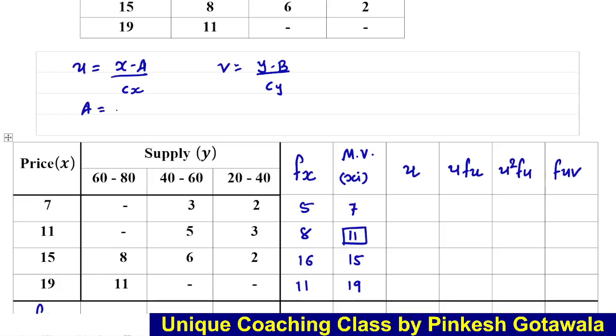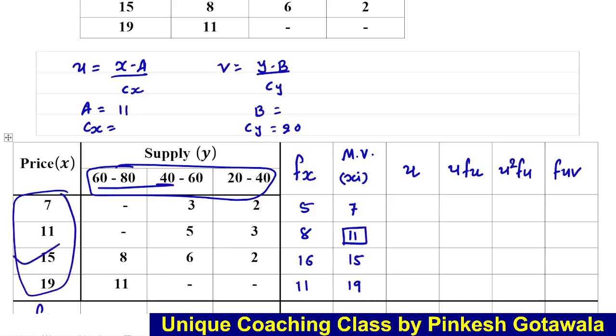Now here a is 11. Now the question is what is the value of cx? Because if we talk about this side, the difference is 20, so we can write cy as 20.